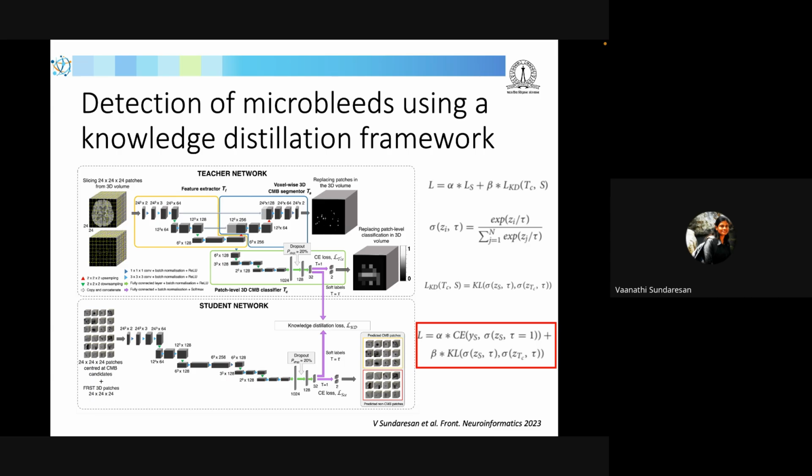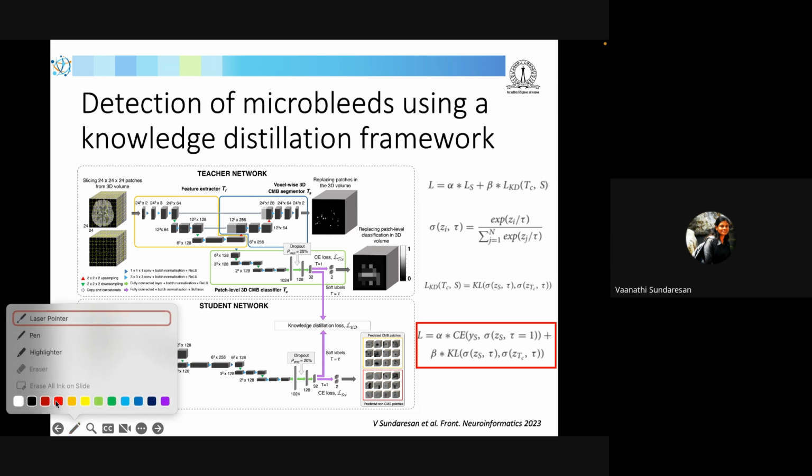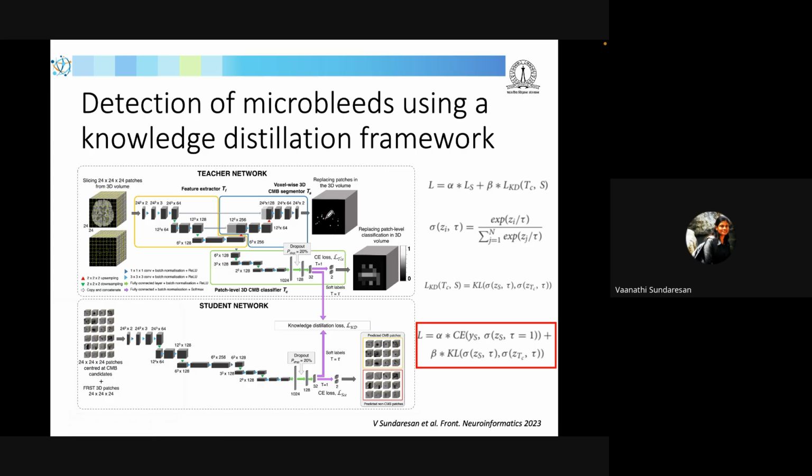So eventually what happens, maybe I can put a marker on it, laser pointer, yeah, right? Because these two tasks are divergent yet they both focus on microbleeds, the feature extractor is being affected by both, and it starts learning features that are very specific to microbleeds.